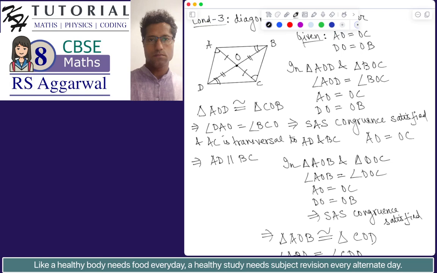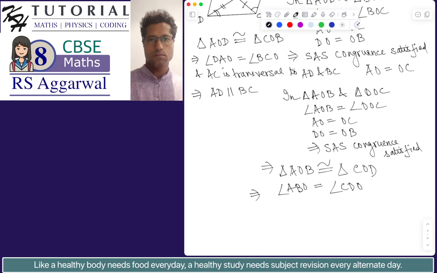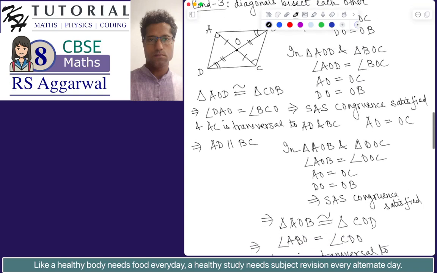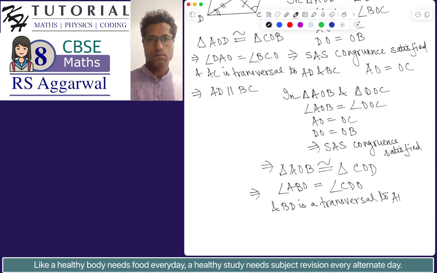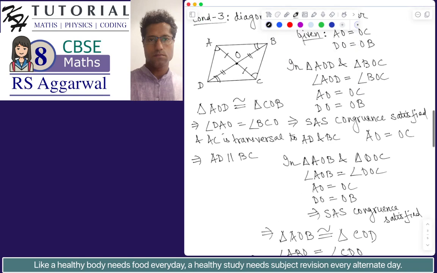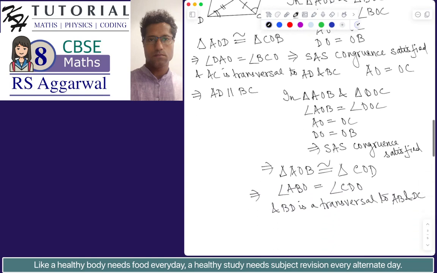Now we can see that these two angles are alternate interior angles. We know that BD is a transversal to AB and DC, and angle ABO and angle CDO are alternate interior angles and they are equal.